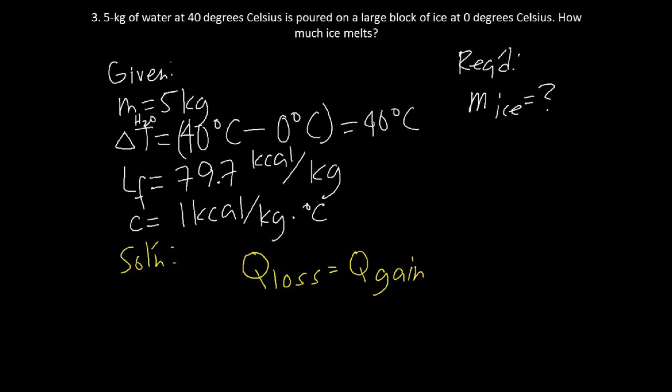So our Q loss will be the water, since it has high temperature. So M water times C H2O, so I'm just going to write here H2O times delta T, okay, equals the Q gain, that is the heat gained by ice.